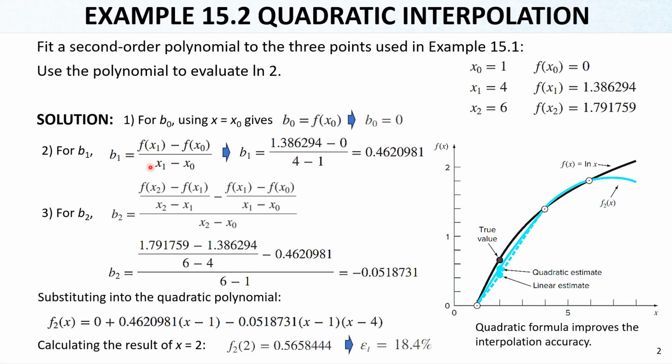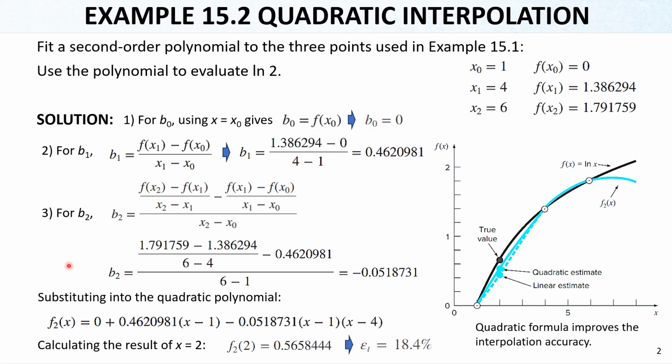And for b1, we obtain these finite divided difference results using this formulation. Simply x1 and x0 are these and the function value. So 1.386294 minus 0, and here 4 minus 1, you can see here. And the result is 0.462981 for the b1. And b0, we know that b0 is f(x0), so it's just 0.